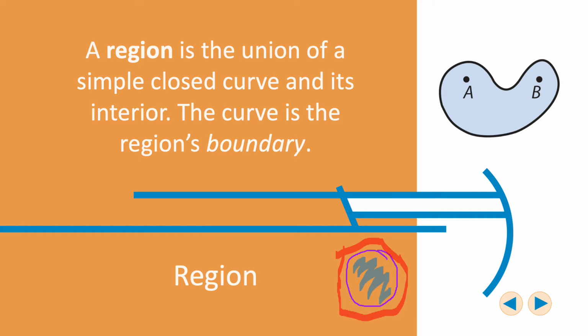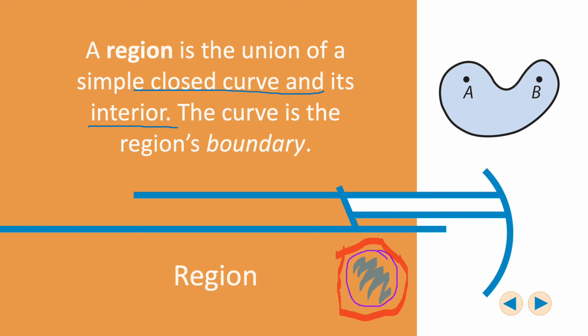A region is the union of a simple closed curve and its interior. The curve is the region's boundary. They have that awesome example of that jelly bean looking curve.